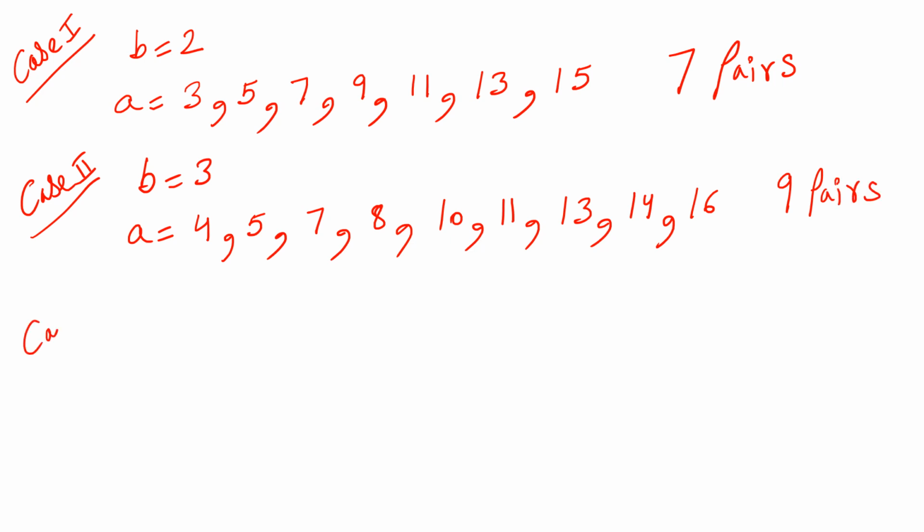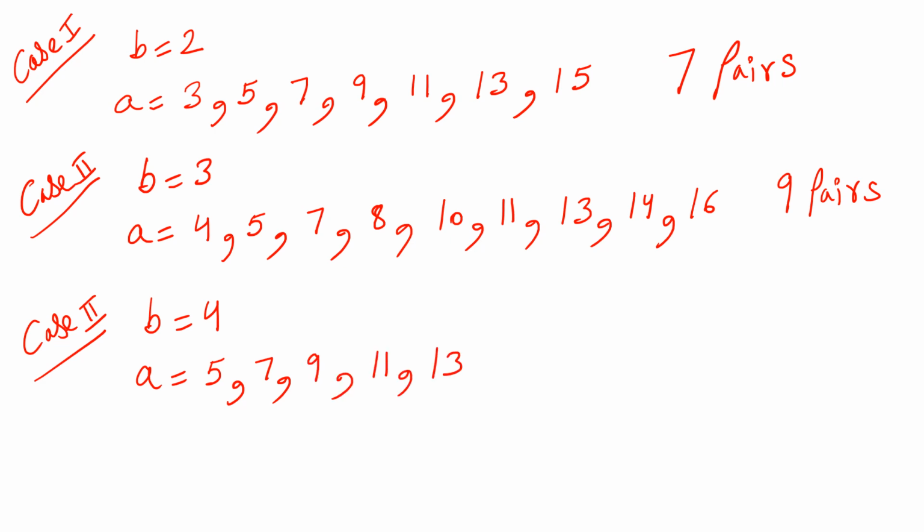Now we consider the third case. In the third case, I am taking b equal to 4. Now when b is equal to 4, then the possible values of a are 5, 7, 9, 11, 13, 15. Now total number of pairs is 6.